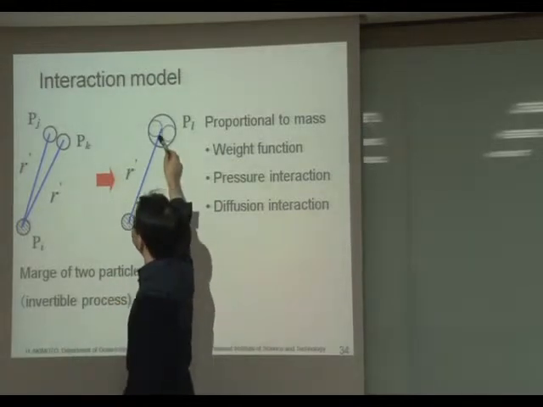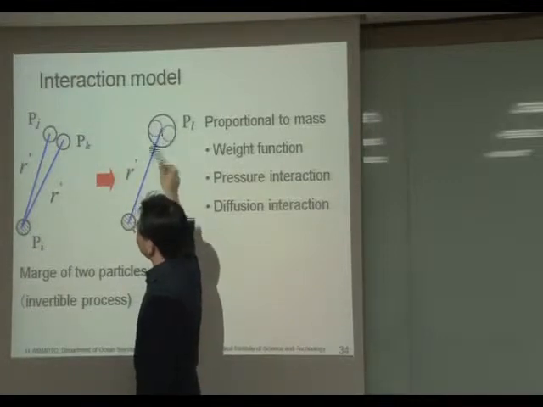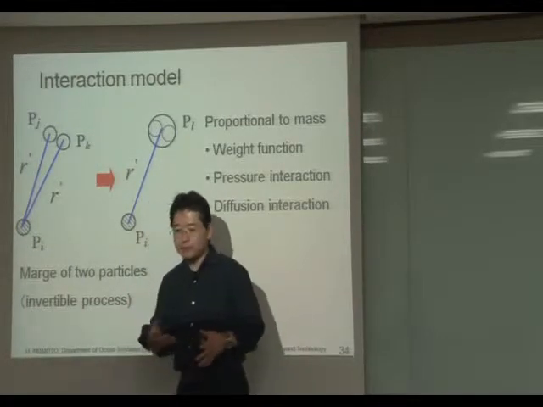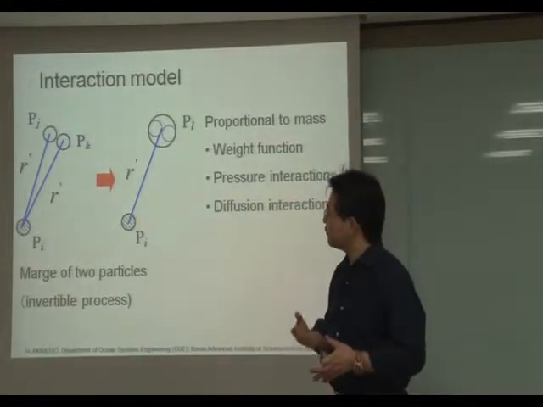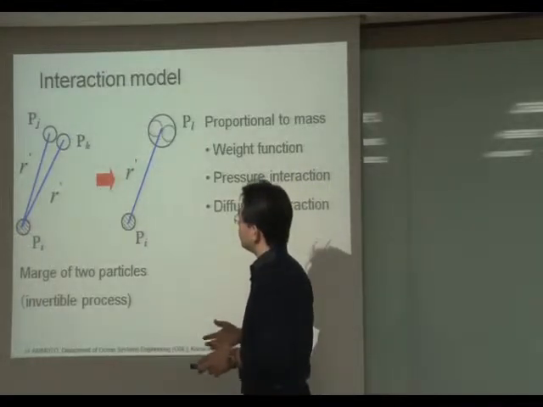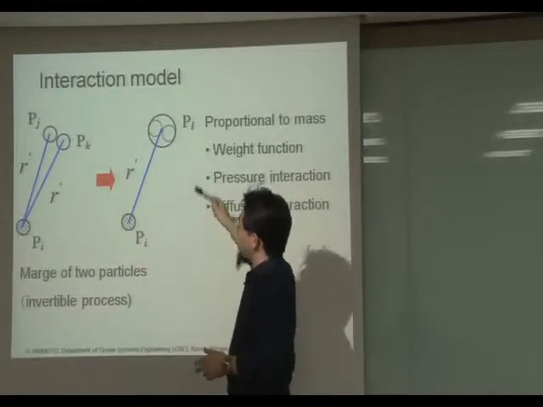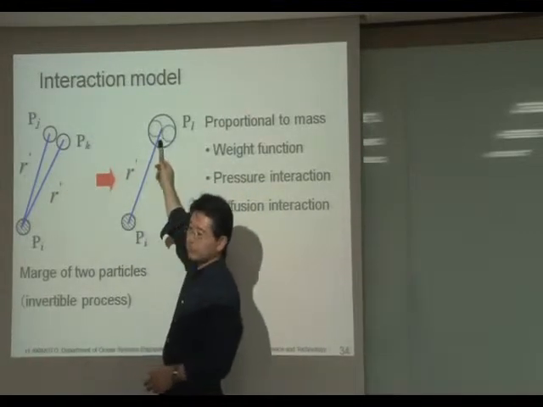After the merge, one particle is inside the particle J itself, but we have to consider the numerical density should be constant from this situation to this situation.